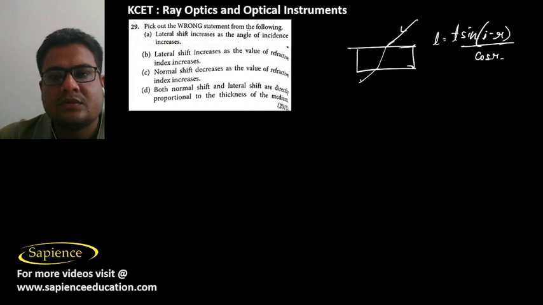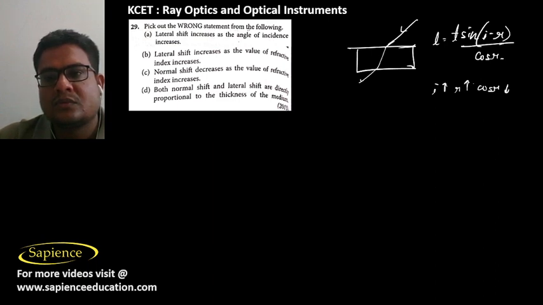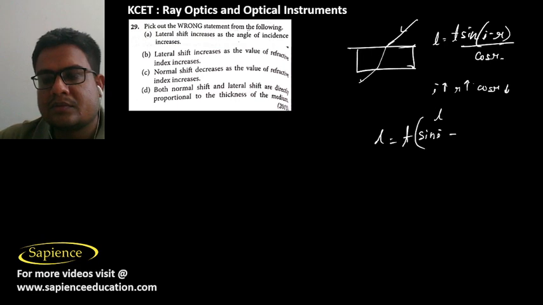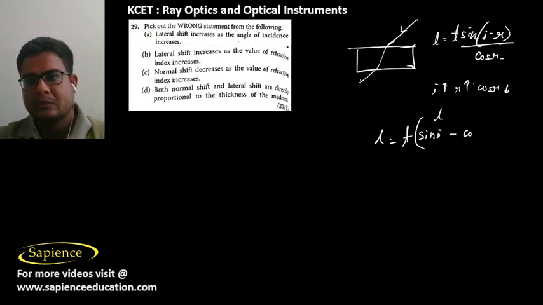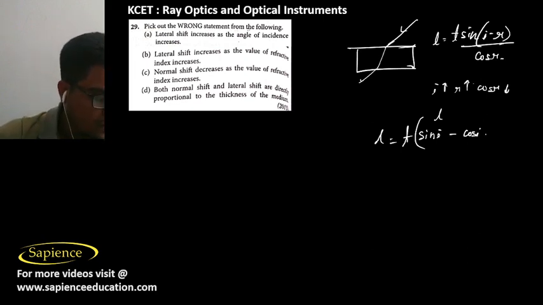When the angle of incidence increases, the angle of refraction also increases, so cos r decreases, and the value of the lateral shift changes.